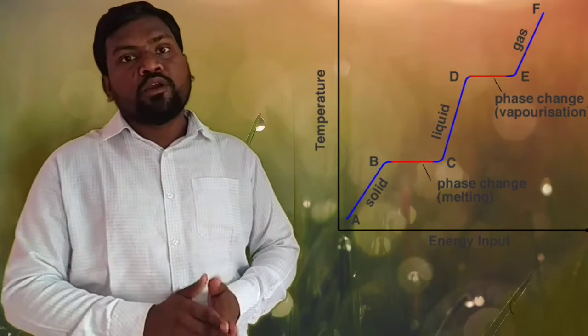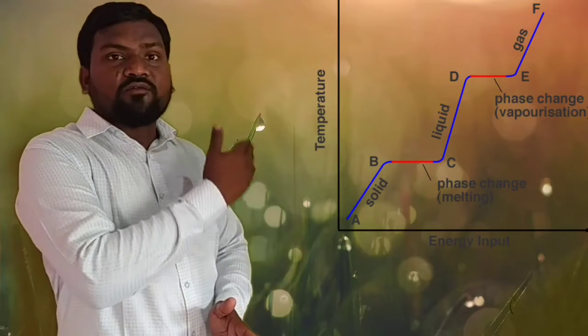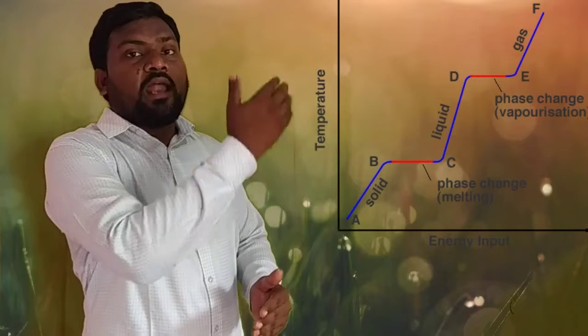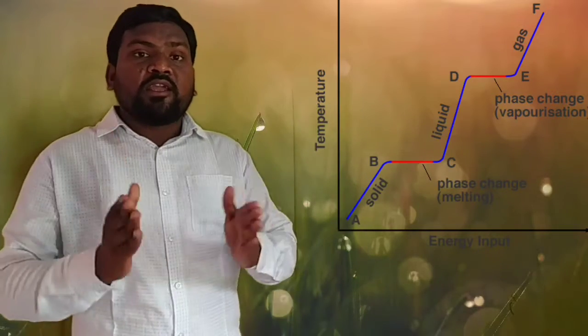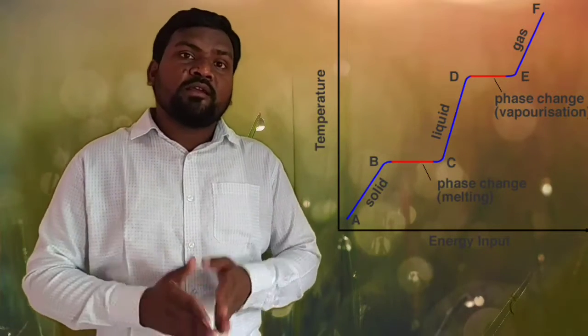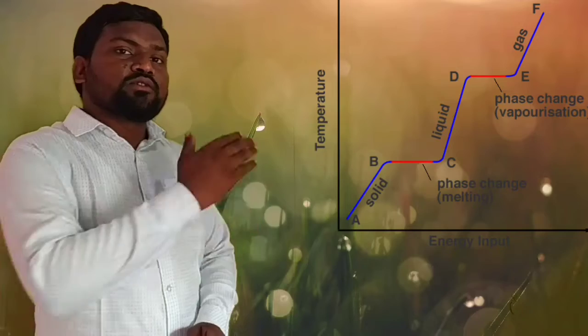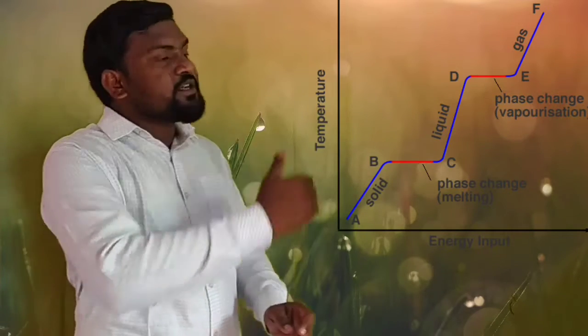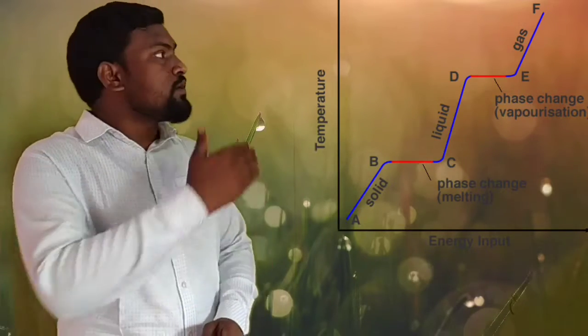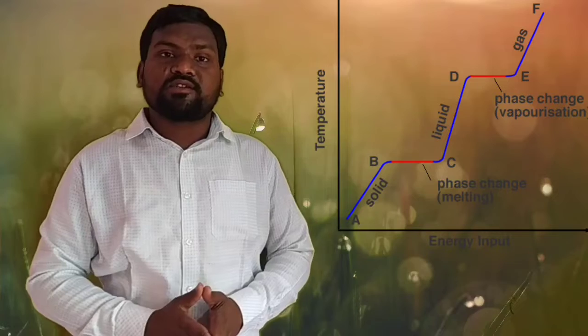The answer is, during these two phases, that is conversion of solid into liquid and liquid into gases, the heat which we are supplying is utilized to convert the solid into liquid, and in the second stage, the heat is utilized to convert the liquid into the gaseous state.